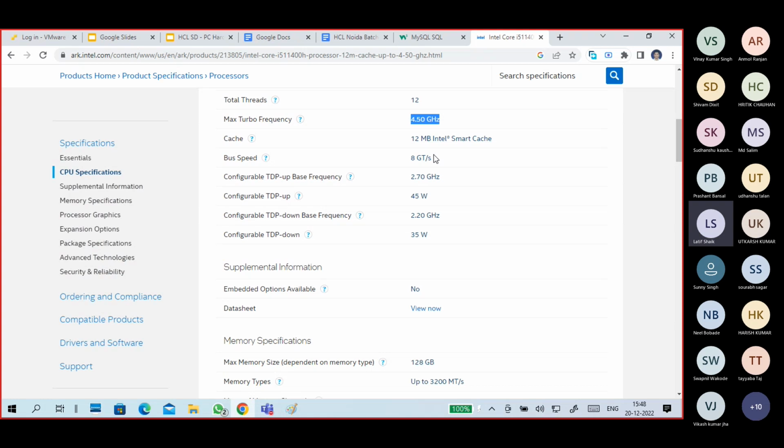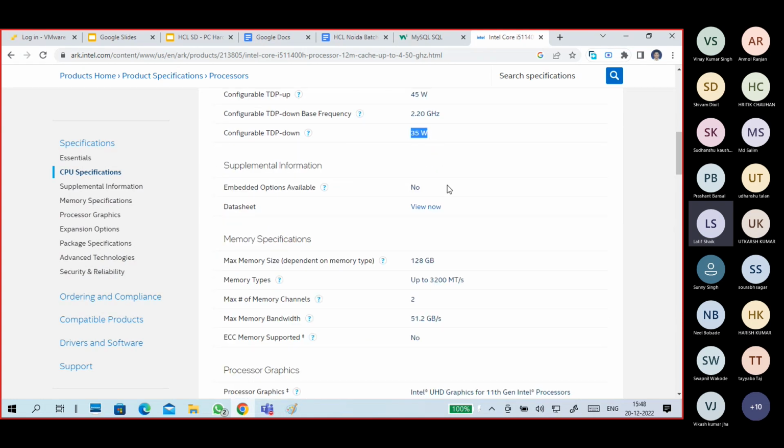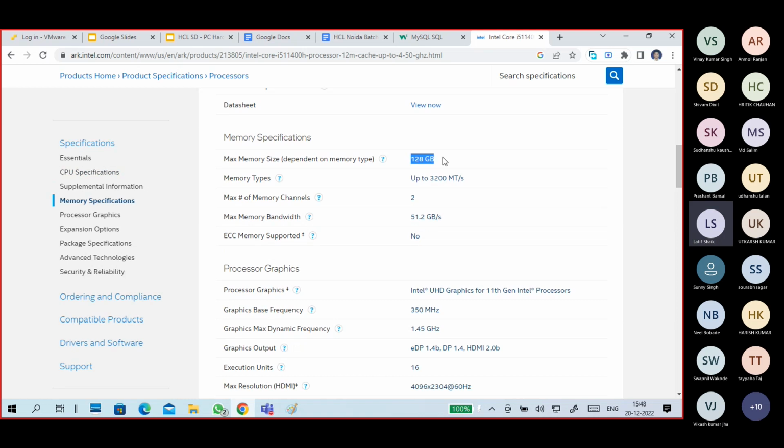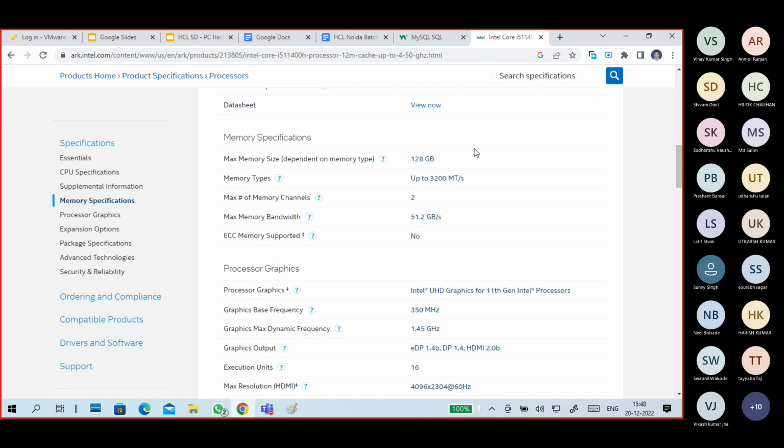Max turbo 4.5. This is the wattage consumption. It supports RAM capacity up to 128 GB, with 2 slots, so we can insert 64 plus 64.